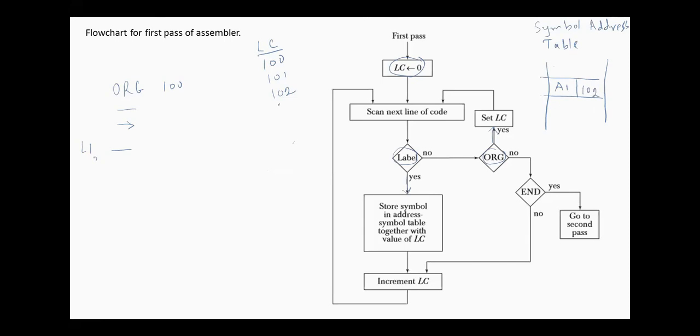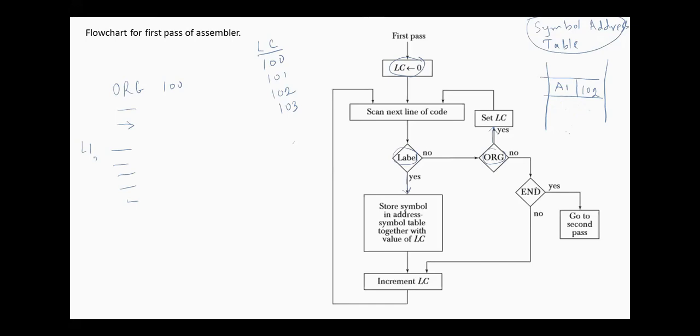And we increment the location counter and scan the next instruction, etc. Do you see the purpose here is to obtain the symbol address table only? All the labels or symbolic addresses along with their locations.